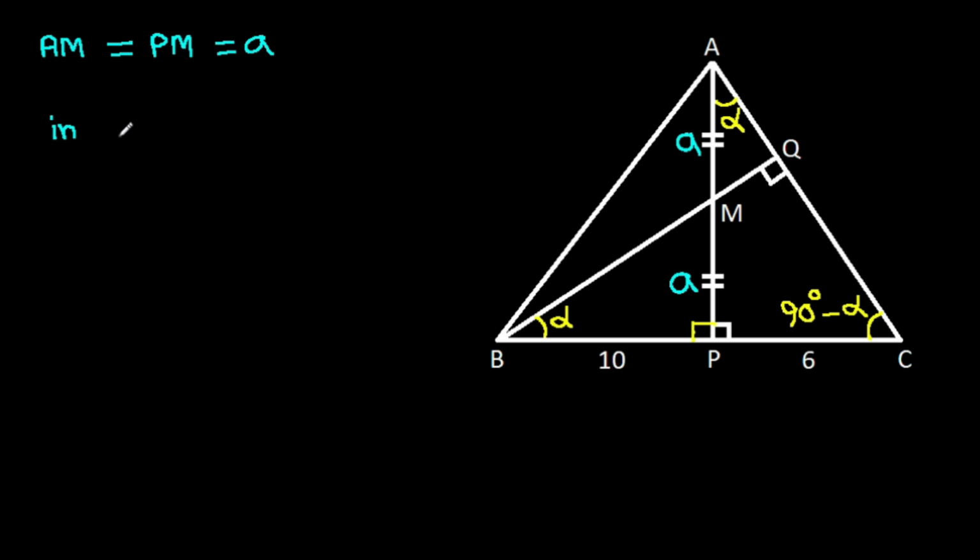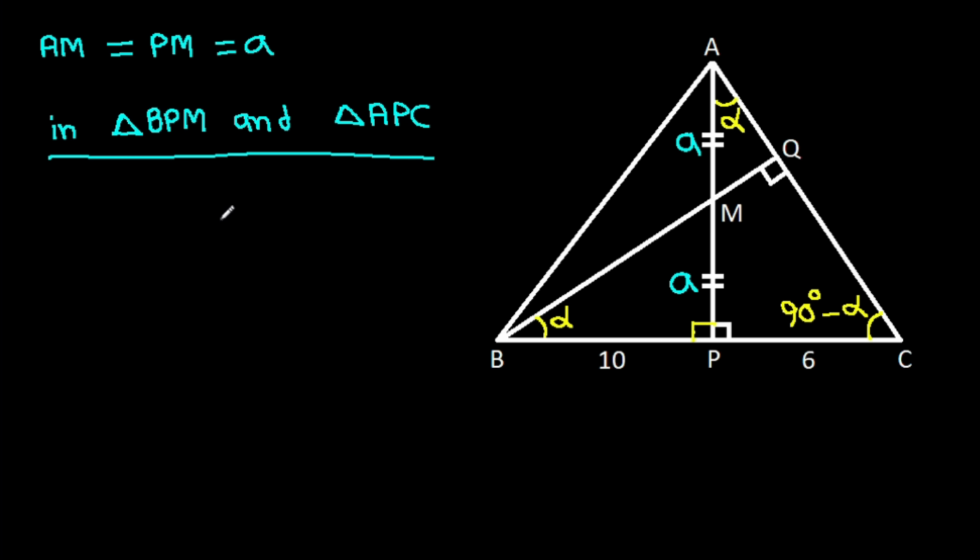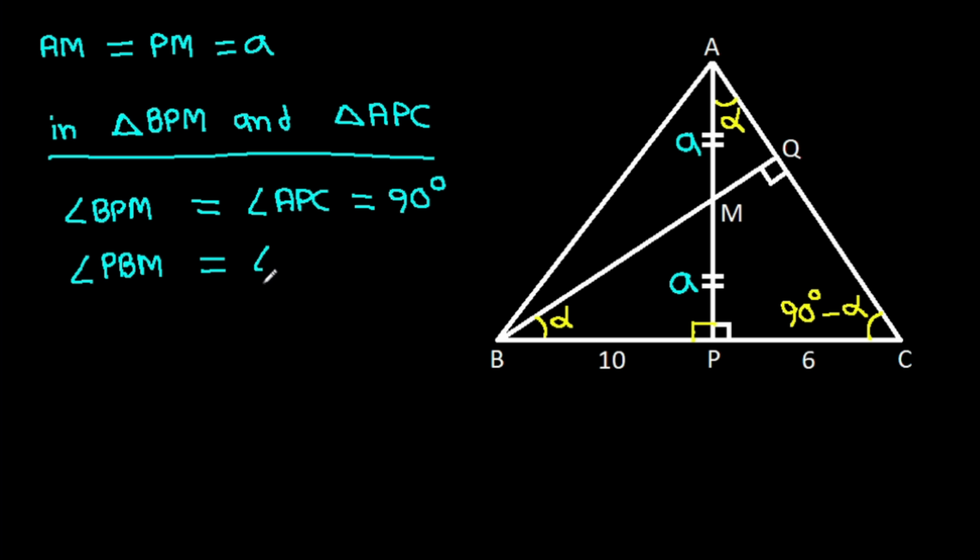And in triangle BPM and triangle APC, angle BPM is equal to angle APC, that is 90 degrees, and angle PBM is equal to angle PAC, that is alpha.